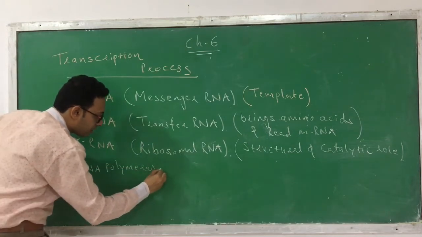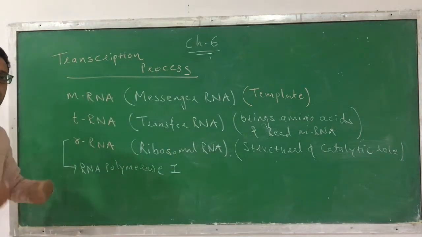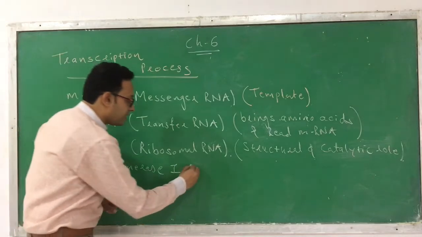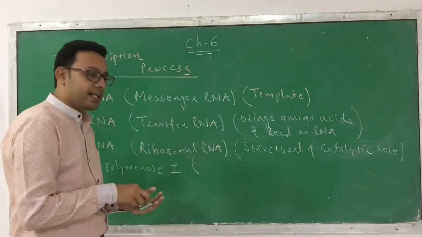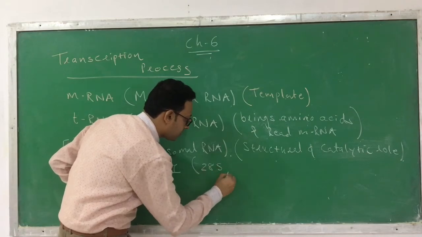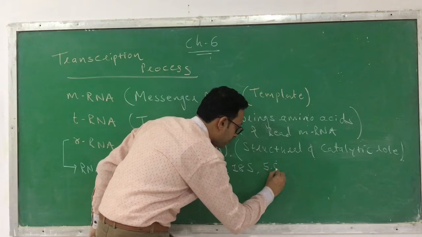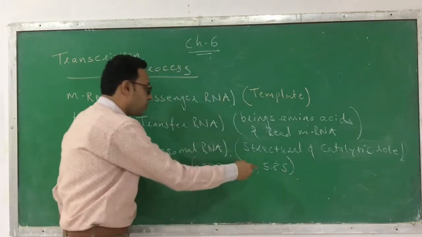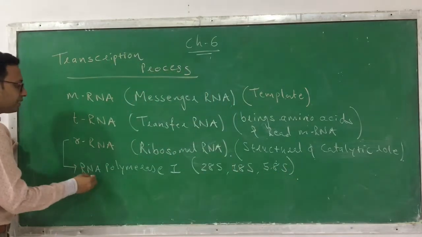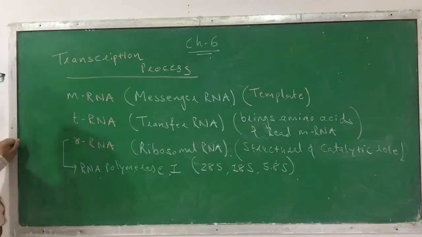It synthesizes all the types of rRNA. There are different sizes of rRNA: 28S, 18S and 5.8S. These are synthesized by RNA polymerase 1.